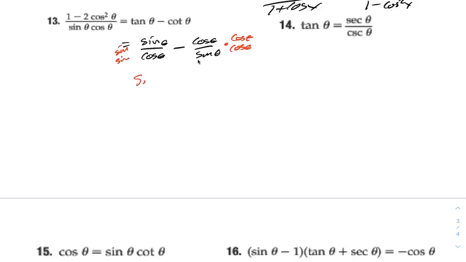So I'm going to get sine squared theta minus cosine squared theta all over cosine sine. Like that. Now look at the top here. So let's compare. I do have the bottom correctly. It's sine cosine.